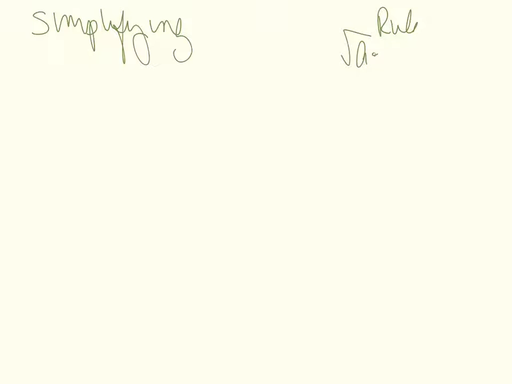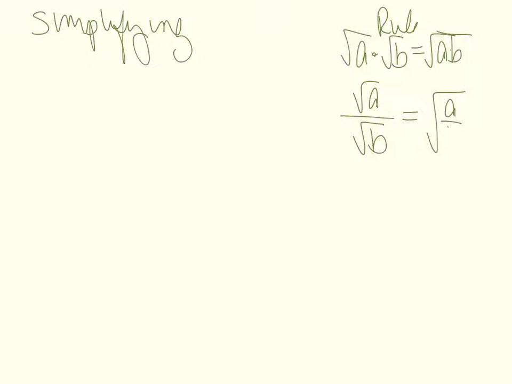All right, let's continue with our simplifying. So we've already reviewed the rule square root a times square root b equals square root a times b. We also have the rule square root a over square root b equals square root a over b.